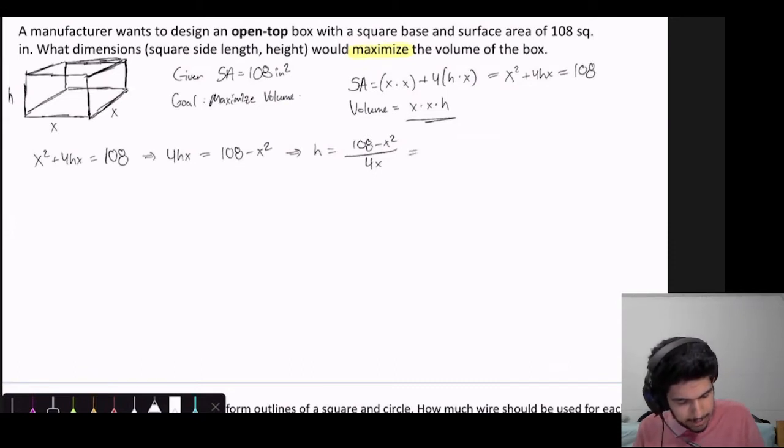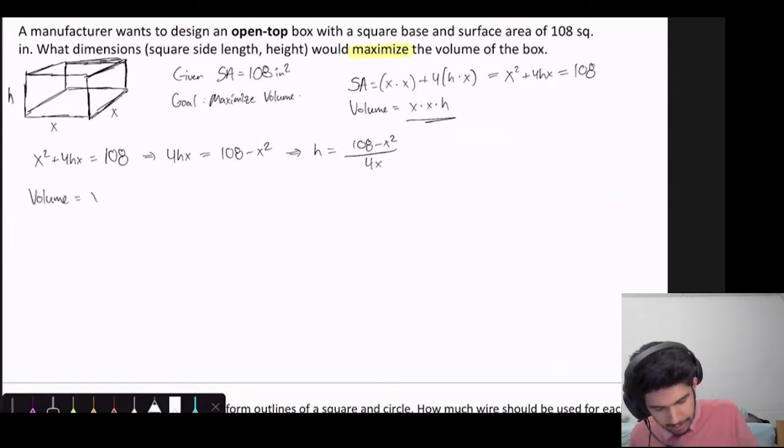Beautiful. And then we can simplify this a little bit further. Yeah, no, I'll just keep it how it is. Okay, so we solve for h. Now, let's plug that into volume.